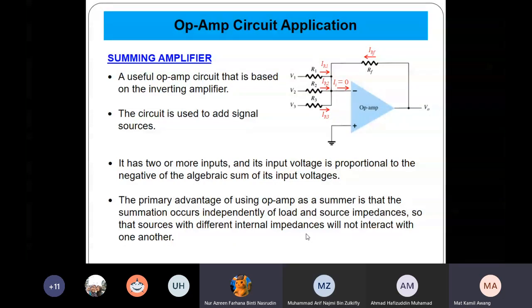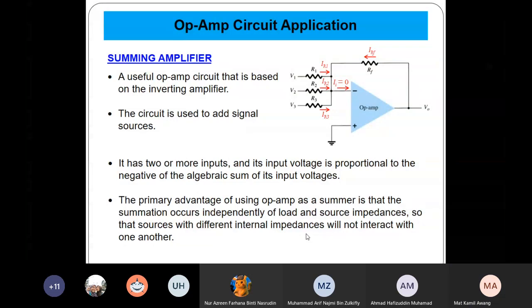The next one, the third application, is the summing amplifier. As the name indicates, the summing amplifier is an adder. It adds the input signals and presents that addition at the output.